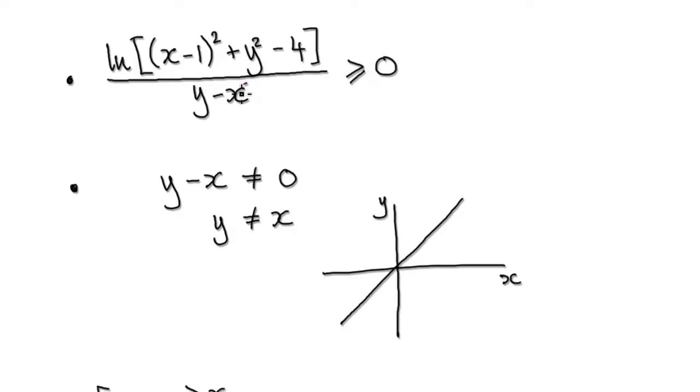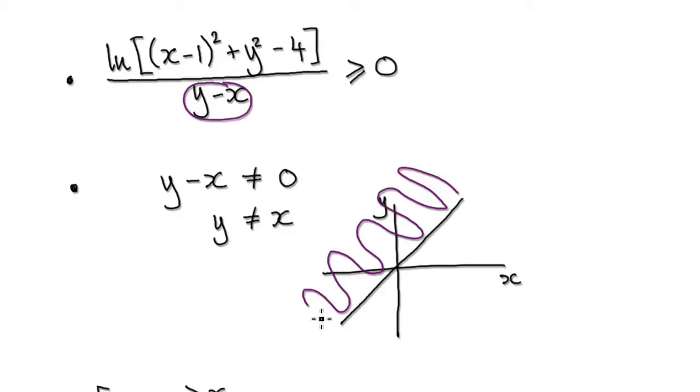But this thing here could be positive at times and negative at other times. So let's just consider when this is positive, meaning this region here above the diagonal line. So above the diagonal line, this thing here will always be positive.